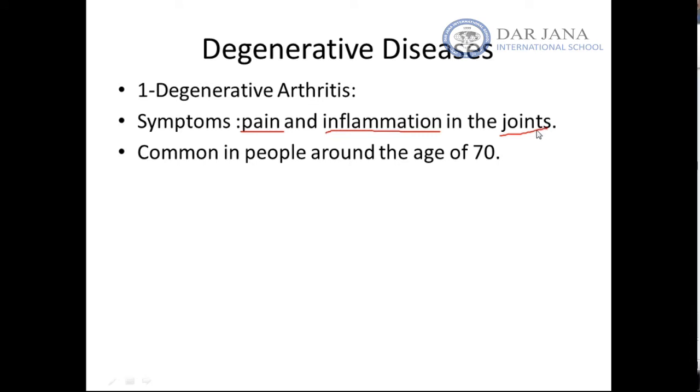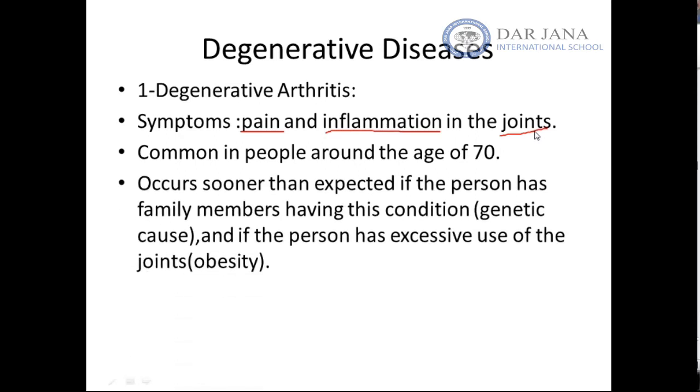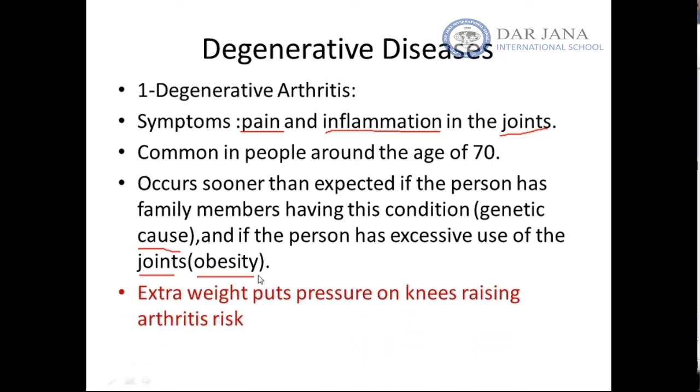This is common in people around the age of 70, but it can occur sooner than that if the person has family members having this condition. So it has a genetic cause. And if the person has excessive use of the joints, for example, in obese people, the extra weight will put pressure on their knees, on their joints, raising the arthritis risk.